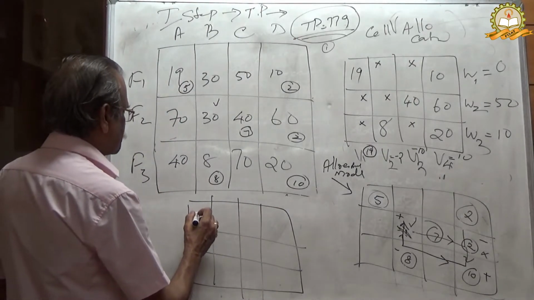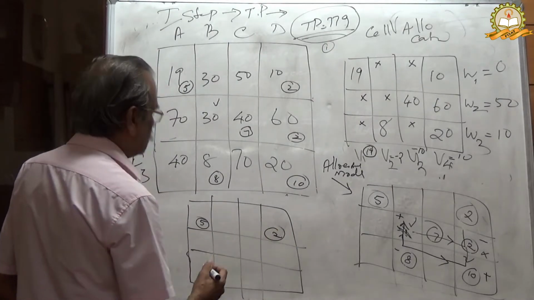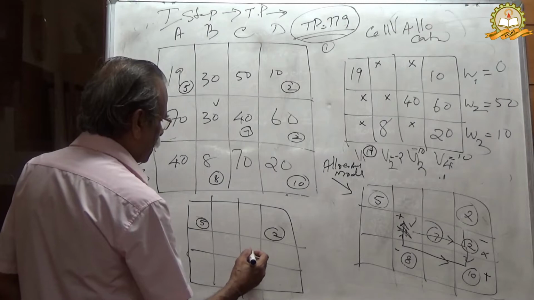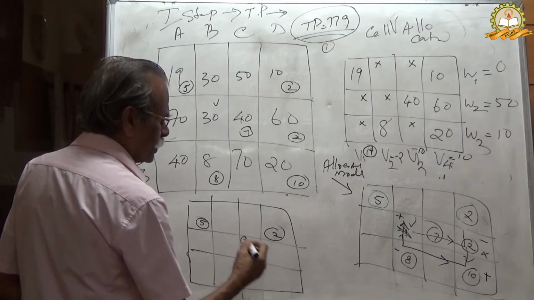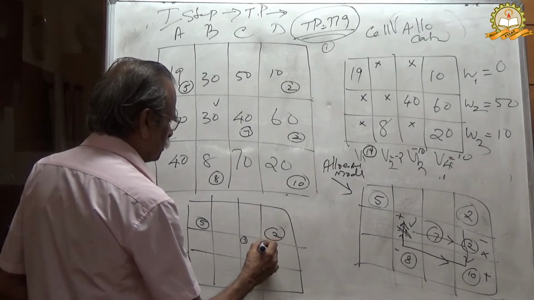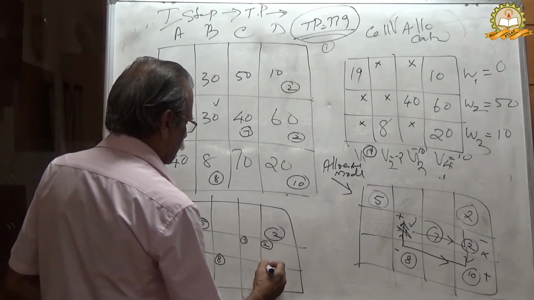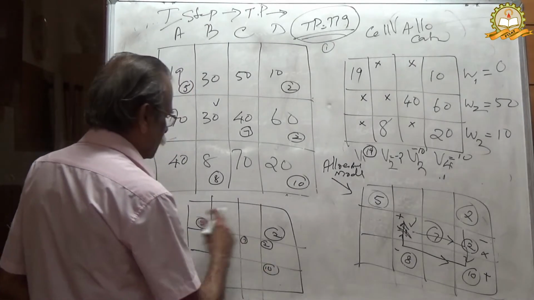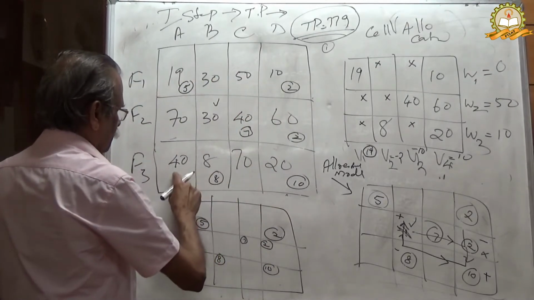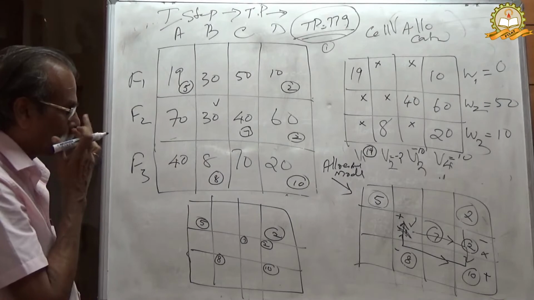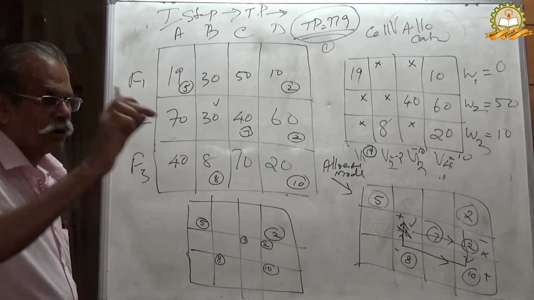Here you have allocation 5, here allocation 2, here allocation 7, always remember 7, here allocation 2, here allocation 8, here allocation 10. Choose the lowest allocation made value along the path.